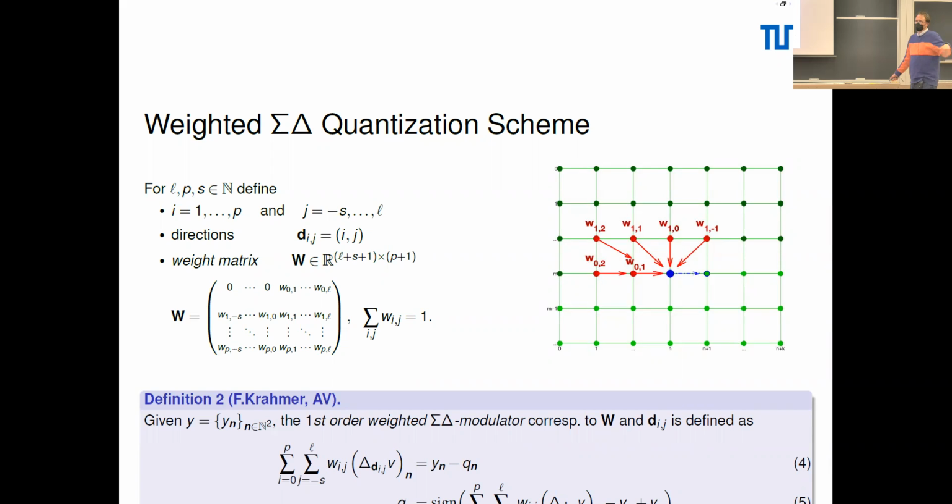You have these finite differences along the various directions, and you're averaging with a certain amount of weights. And other than that, you're just doing everything exactly as before, except that now you have this weighted average of these different things with a certain weight matrix. And you see already that this has a similar appearance to the picture that we've seen before. So we have sigma delta schemes that go along all these different directions here, and we're taking a weighted average of them.